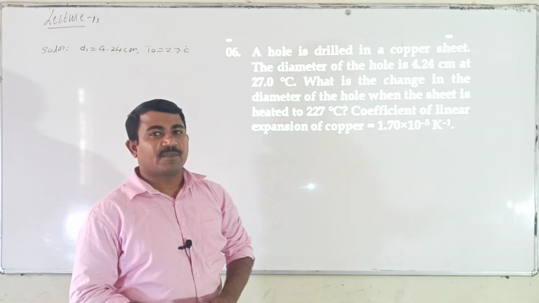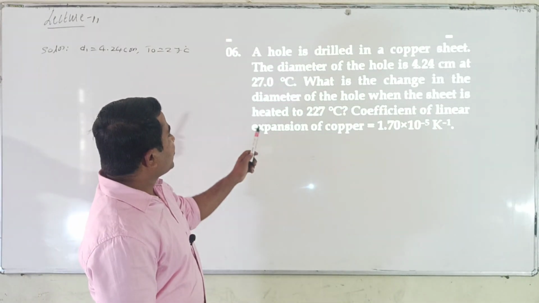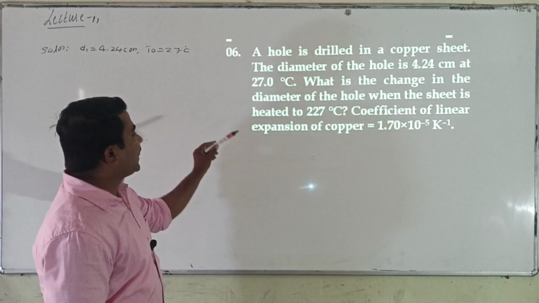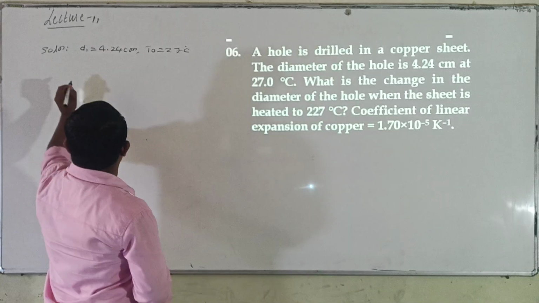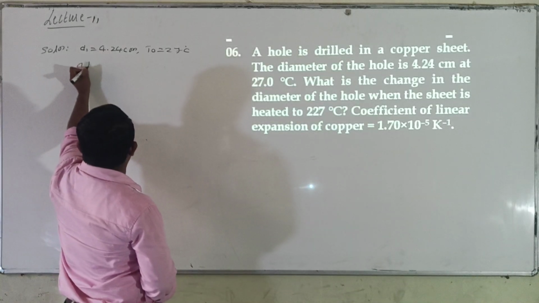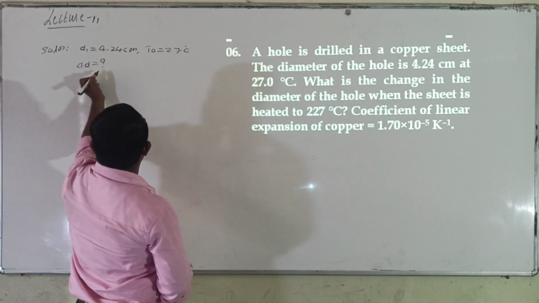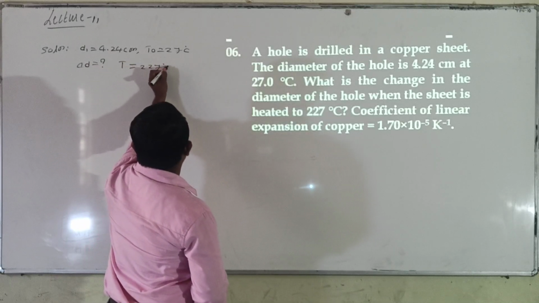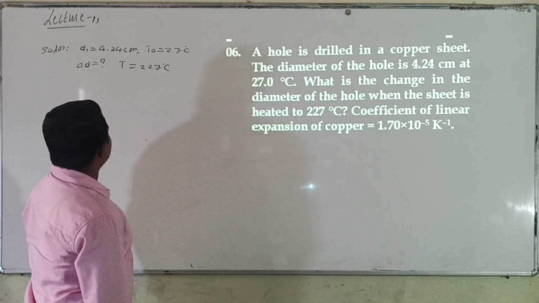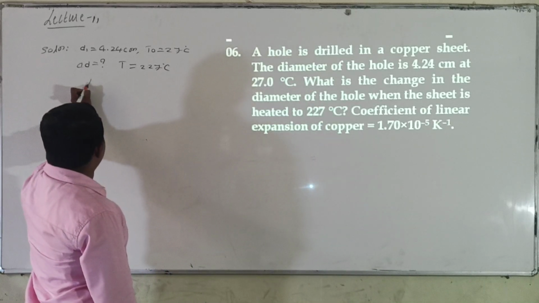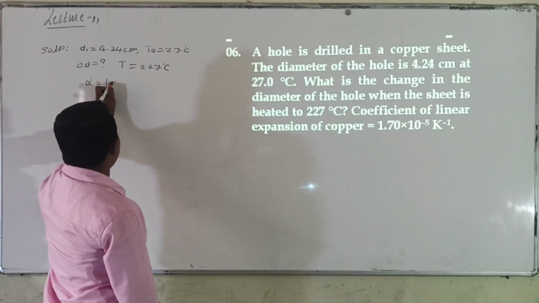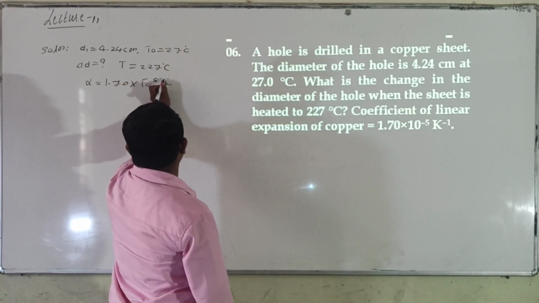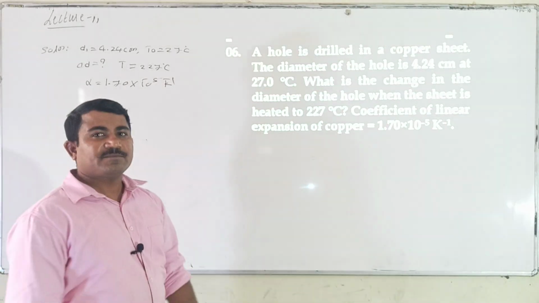I need the change in diameter when it is heated to 227 degrees Celsius. The alpha value given is 1.70 into 10 raised to minus 5 per Kelvin.